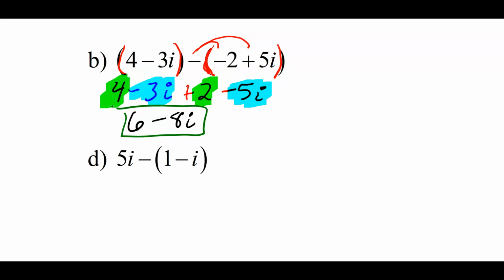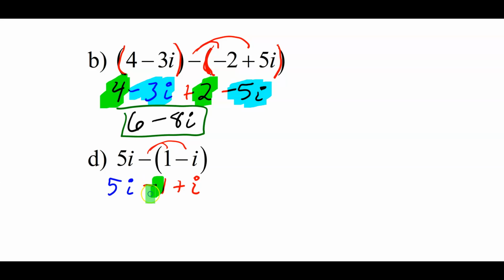And there is my new complex number. Same idea on the next problem. I have minus, that's set, so I distribute that negative. 5i, distributing the negative gives me minus 1 plus i. Negative of a negative is a positive. Then combining the real parts and the imaginary parts.